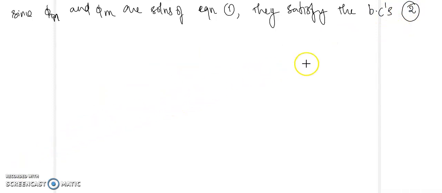So our problem is this: phi m and phi n are characteristic functions, so they will satisfy the boundary conditions.